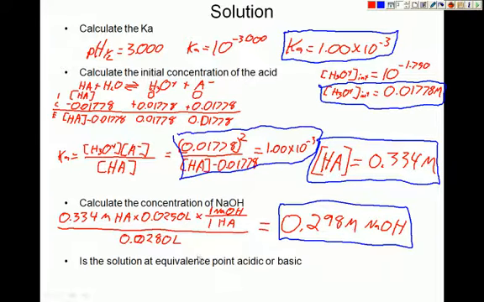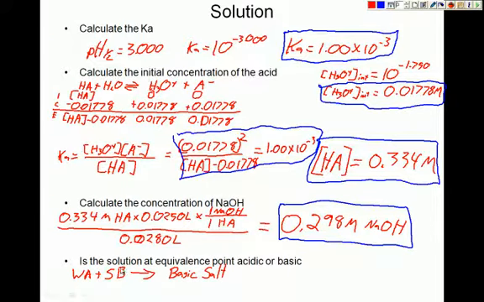Now, the last question: is the solution at equivalence point acidic or basic? Every time you have a weak acid plus a strong base, it'll always make a basic salt, because a weak acid will make its conjugate weak base.